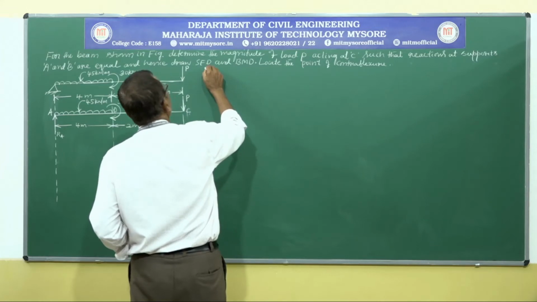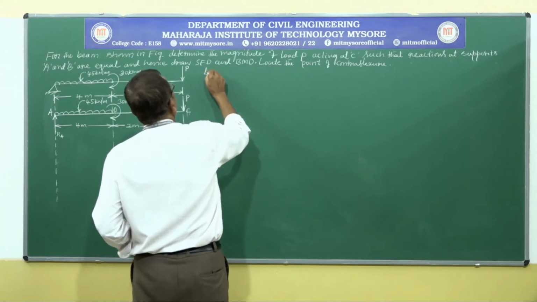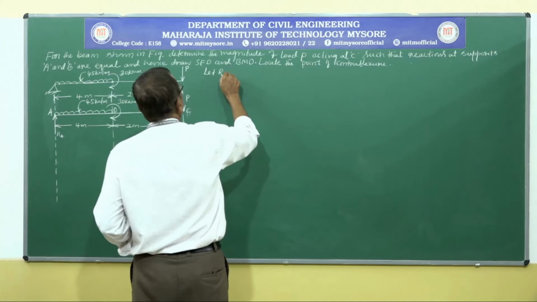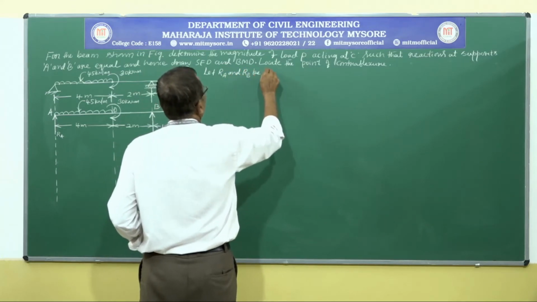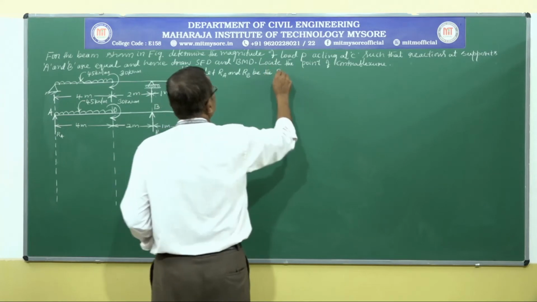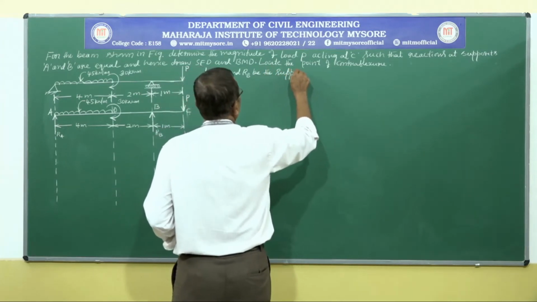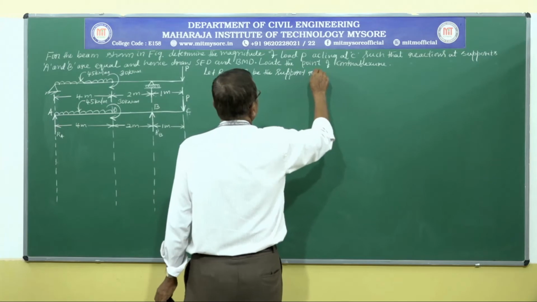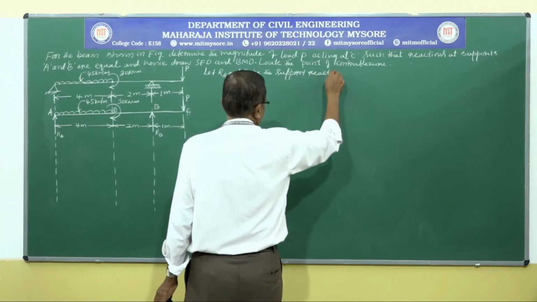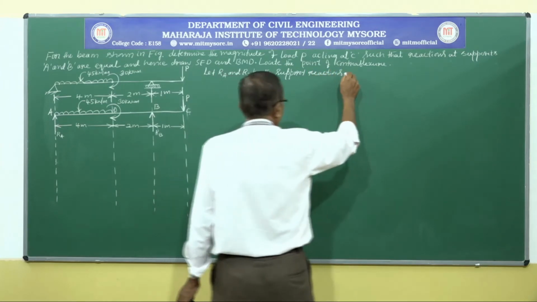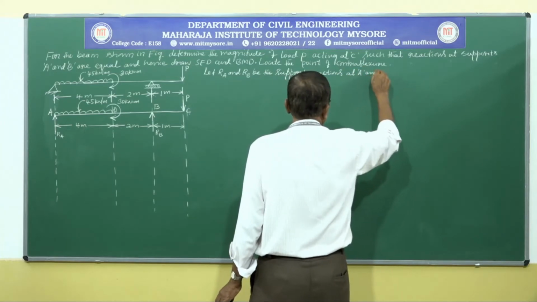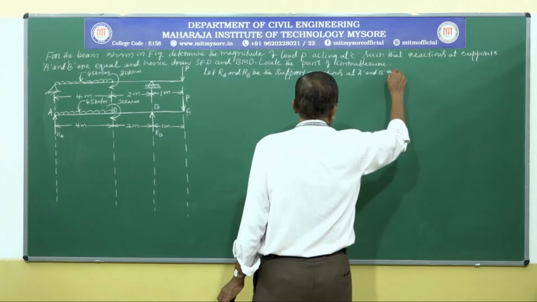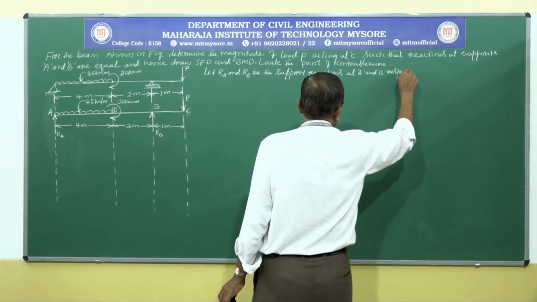For that, let RA and RB be the support reactions at A and B respectively.